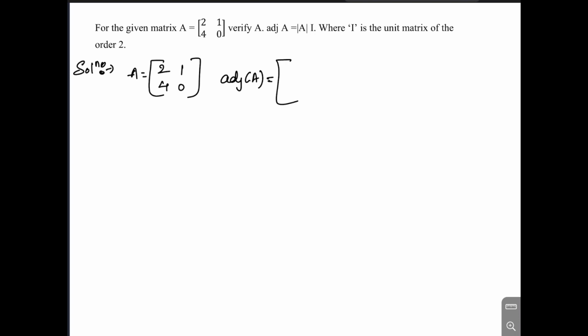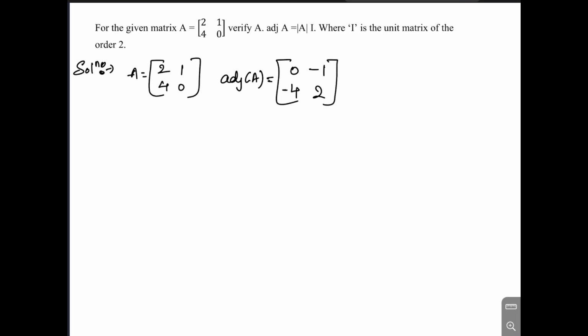Whenever we get a 2 cross 2 matrix, order 2, we have to interchange the main diagonal elements first, and then the cross diagonal elements we have to multiply with the opposite sign.